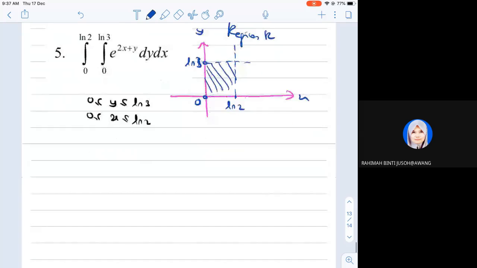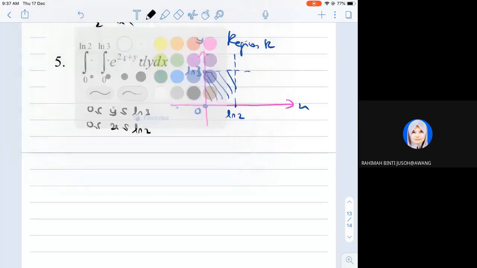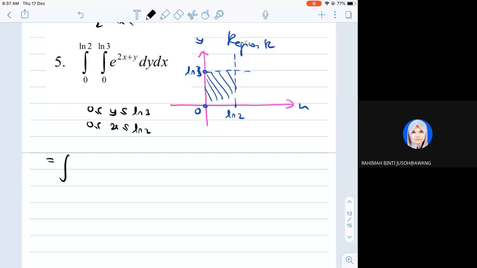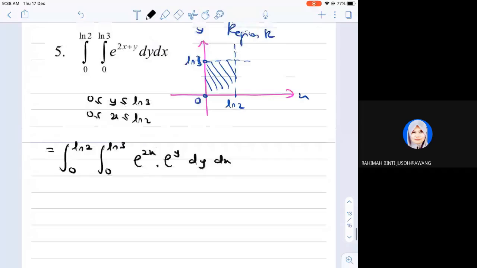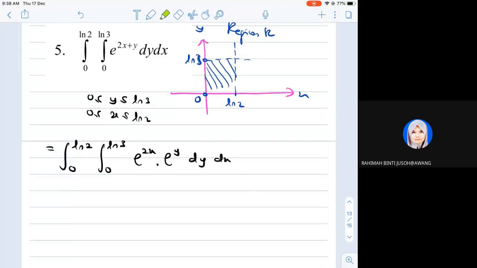So let us calculate this. The integral from 0 until ln 2 and 0 until ln 3. I would like to separate this, so it becomes e^(2x) multiplied with e^y, dy dx. Since we are integrating with respect to y, the e^(2x) becomes a constant.